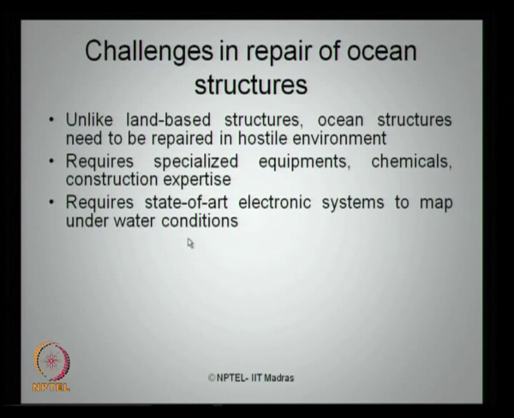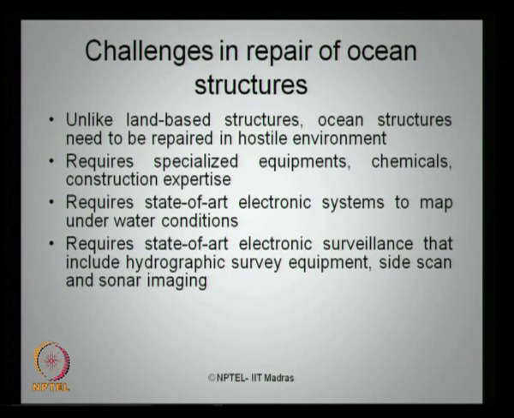It also requires state of the art electronic systems to map underwater conditions of the existing system, because the existing system should be thoroughly examined, and state of the art electronic systems should be deployed to understand the as-is where-is basis of the system if we really want to propose an appropriate repair methodology for underwater structural members.